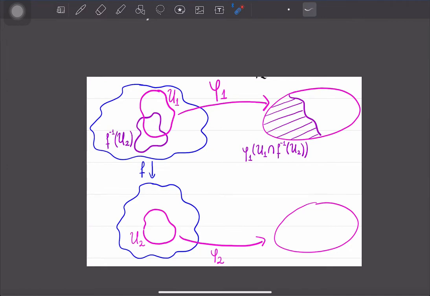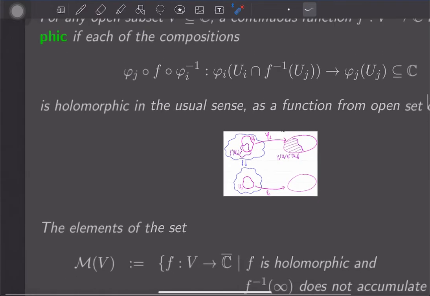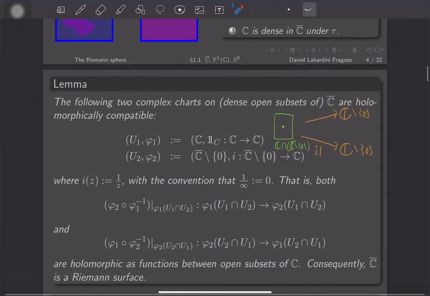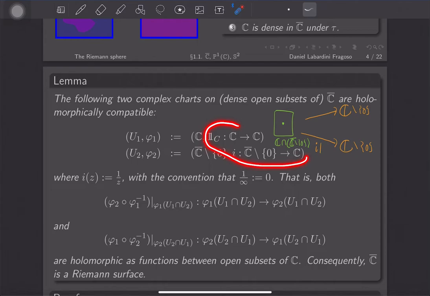When one takes the part that it shares with one of them, that part one can simply send to C using the coordinate function, the function from the chart, which is one of these two functions.